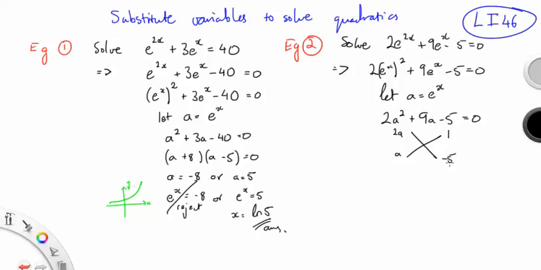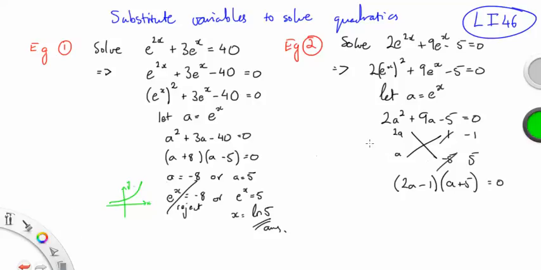This is minus 10a plus a, which is minus 9a. So that doesn't work. Let's try negative 1 and 5. This is 10a minus a, which is 9a. So that works. Okay, so the answer here is 2a minus 1, a plus 5. You can see how I've read that off there. 2a minus 1, a plus 5 equals 0.